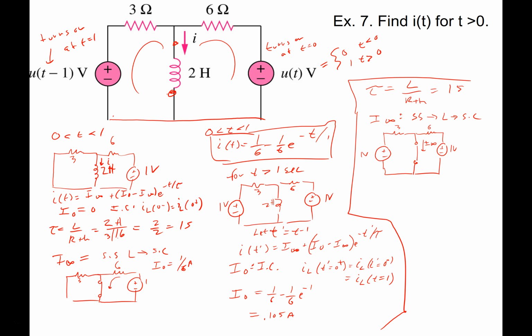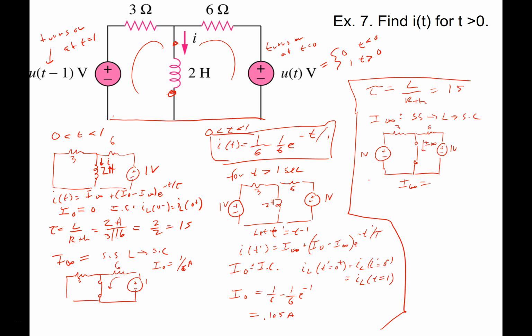This is a good case for superposition. Remember superposition? If we turn one off, turn one on, this is kind of what we're doing anyway. We already found one of them, right? So yeah, I infinity.